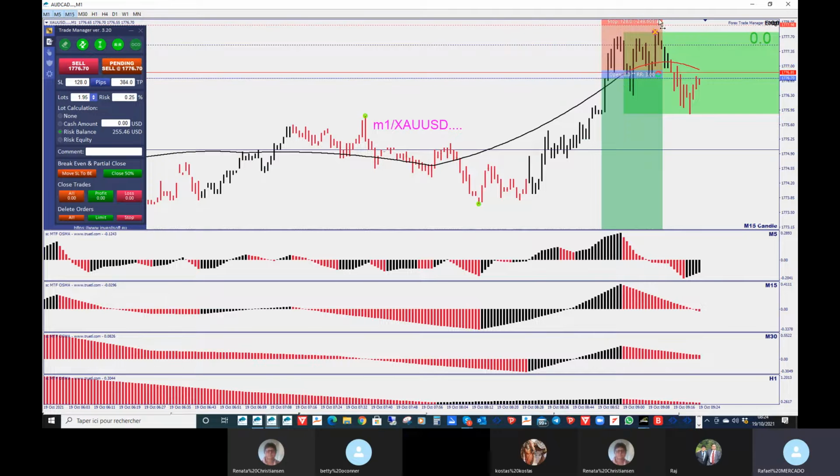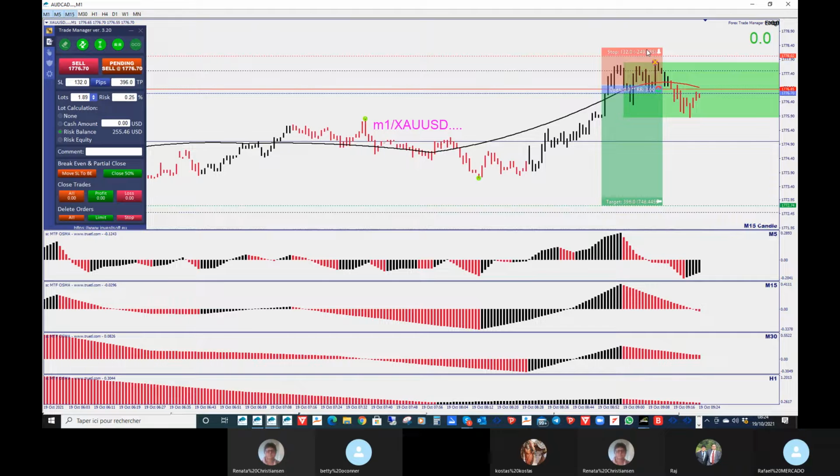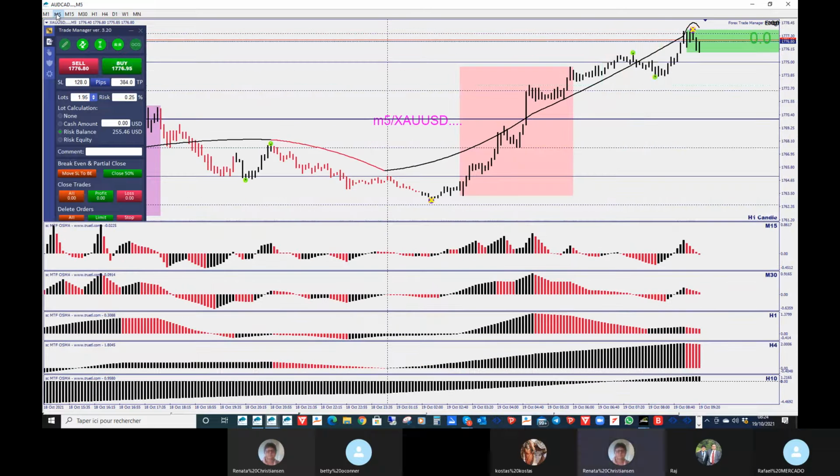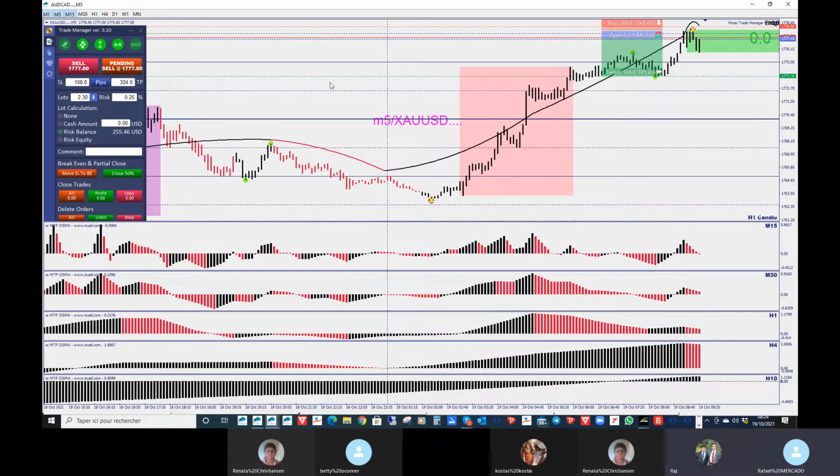This could be my entry somewhere here. 13 pips. Yeah, the 5 minute. But it's changing color. What about the change of this bar? It should be red also, right? But it's not red yet.